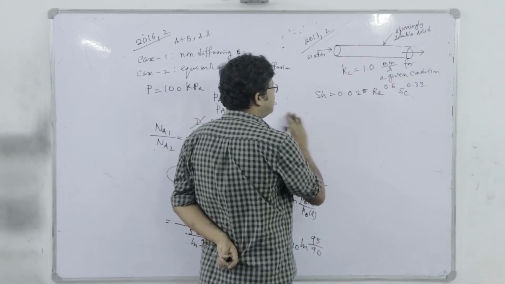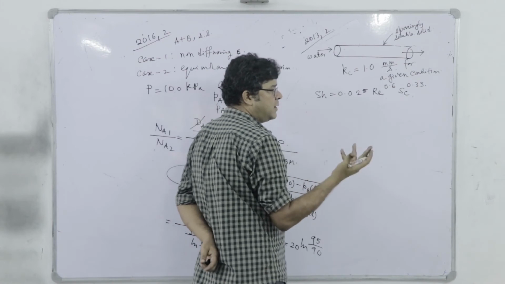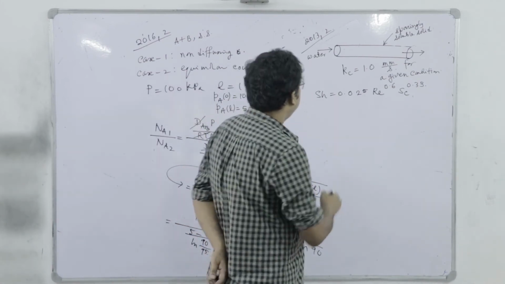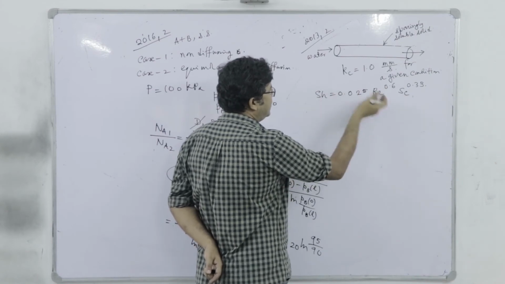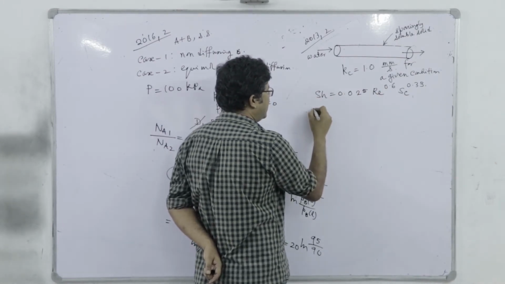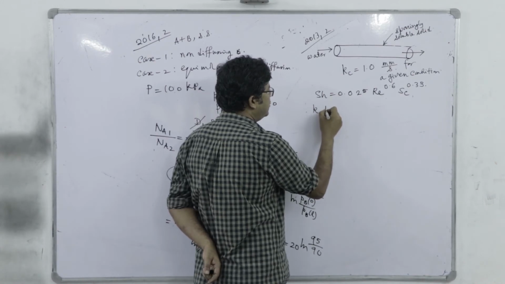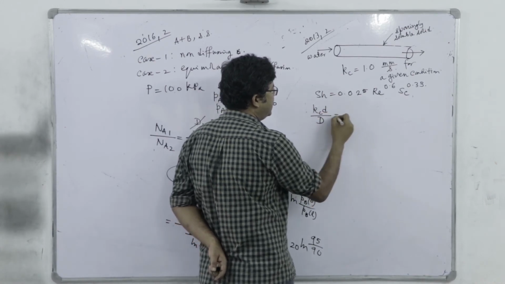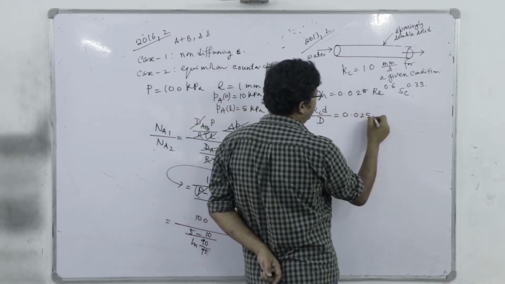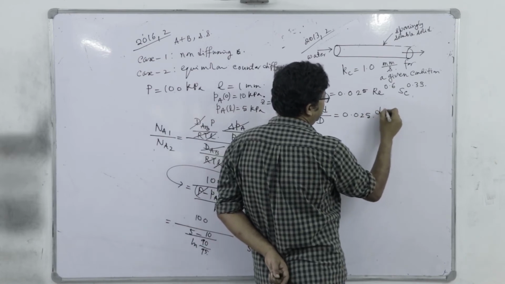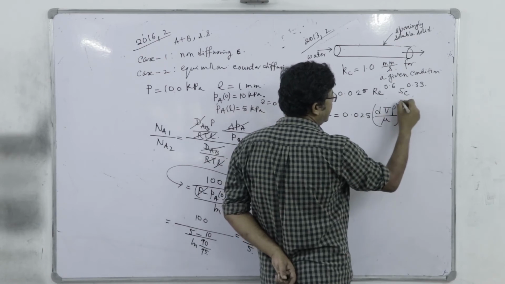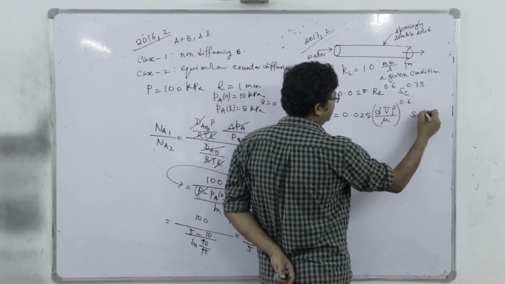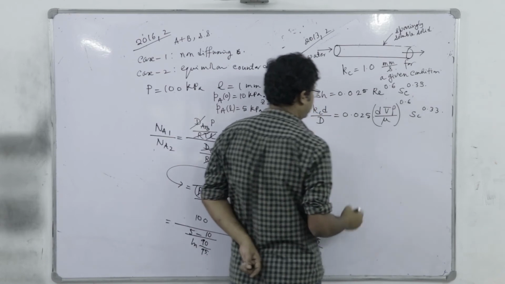So, you see velocity is doubled, diameter is also doubled. So, we have to get the relation between the velocity and diameter to Kc. So, Sherwood number is Kc into diameter divided by capital D, equal to 0.025 into Reynolds number, which is d V bar rho by mu, whole to the power 0.6. Schmidt number is not changing, right.